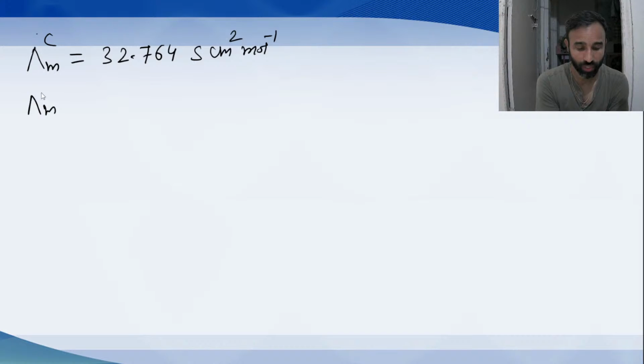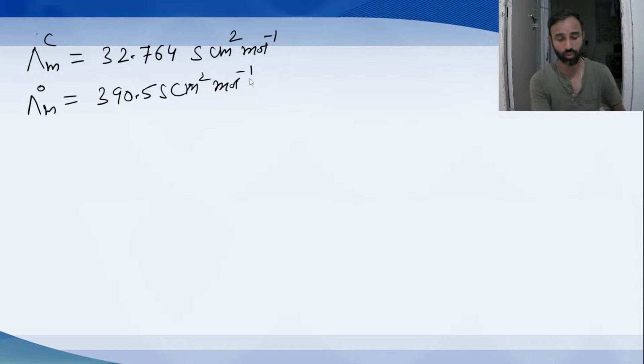Lambda m naught we have, that is 390.5 S centimeter square per mole. From these two values we calculate alpha.